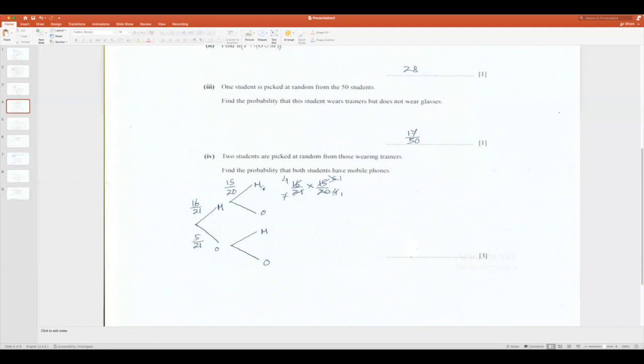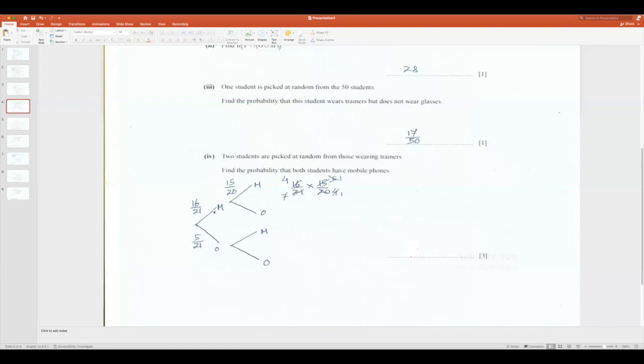So this is the tree, having mobile phones. The other routes are different. Only this route has the two children having mobile phones. In the others, the first one does not have a mobile phone. So only this route we have to consider.